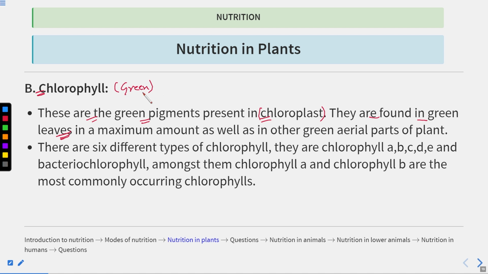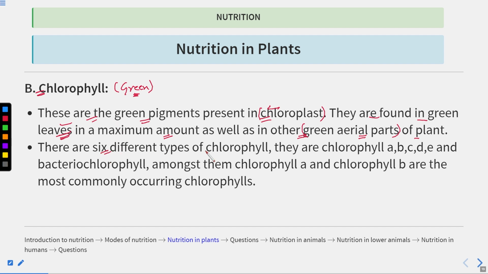There are various types of chlorophyll: chlorophyll A, B, C, D, and E. Chlorophyll A is the primary photosynthetic pigment, and it gives leaves their green color. Chlorophyll is present in the green leaf in maximum amount, as well as in other green aerial parts. Wherever there are green parts, chlorophyll will be present.